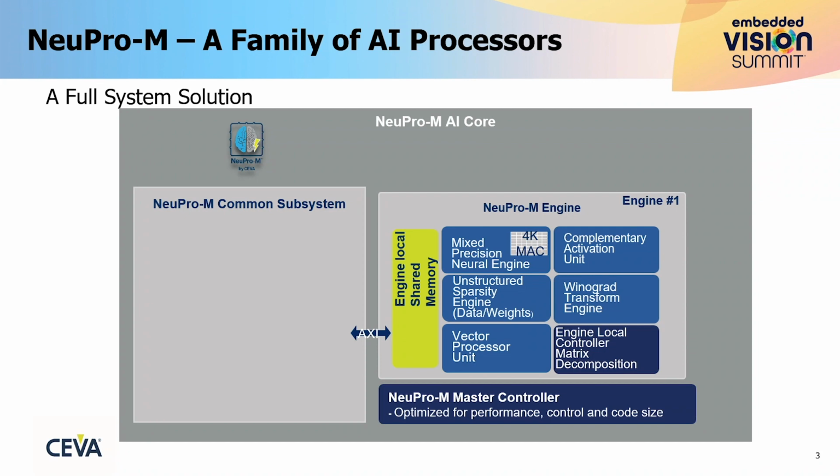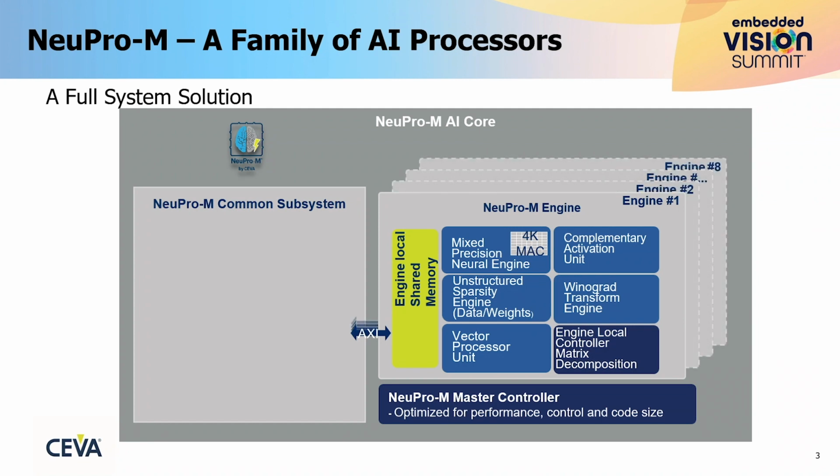It entails a few hardware blocks, like the MAC unit blocks, the complementary activation unit for activation layers, Winograd transform, unstructured sparsity support, and also an inbuilt vector processor unit, which is basically like a DSP, and that provides more flexibility in case you encounter layers that cannot be supported directly on a hardware block. So this is a programmable block that we can utilize to support more layers. There is also the master controller, which governs everything and controls the runtime.